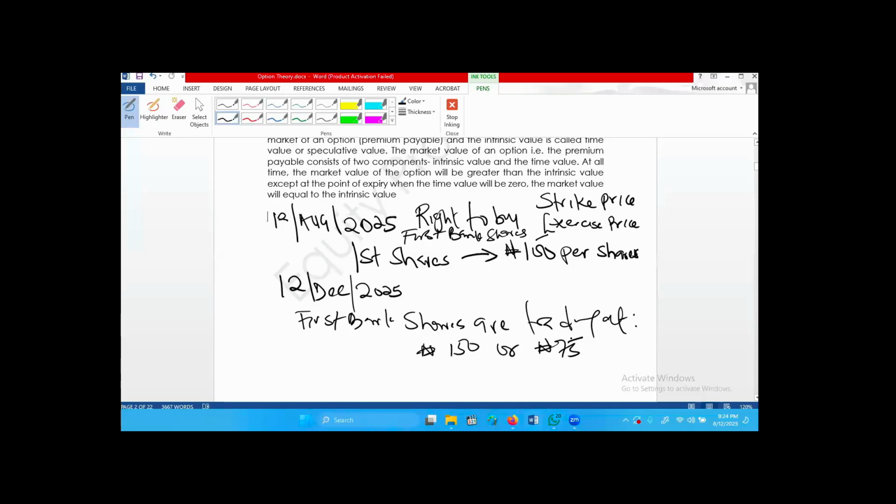Assuming First Bank shares are trading at 150 per share, my question to the class is, will you exercise your right to buy or not? If on 12th December First Bank shares are selling for 150 naira per share, will you exercise your right to buy or not?